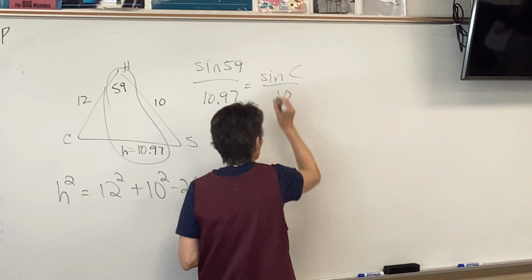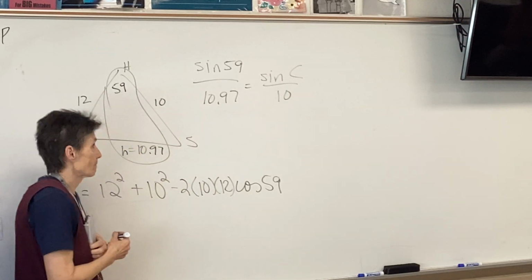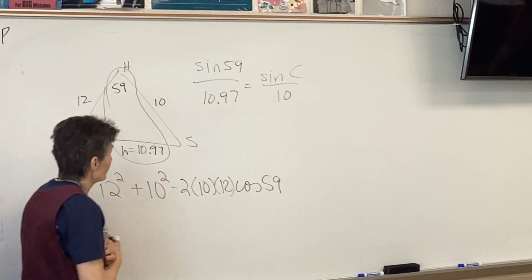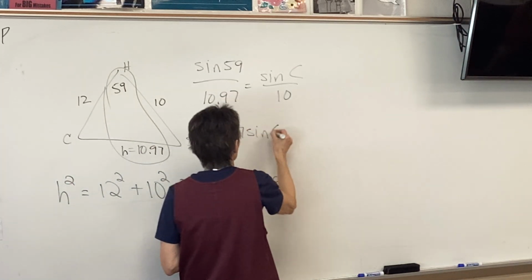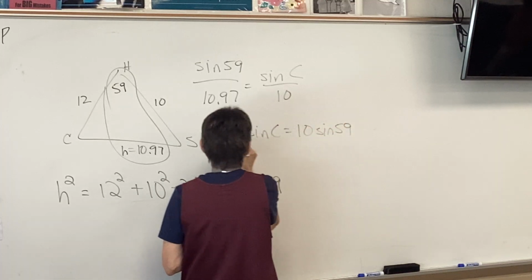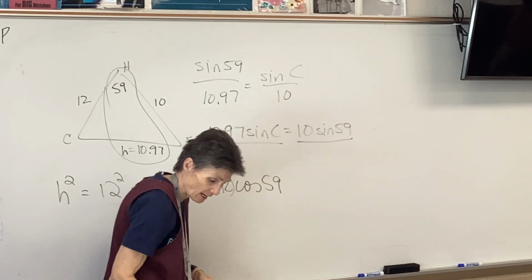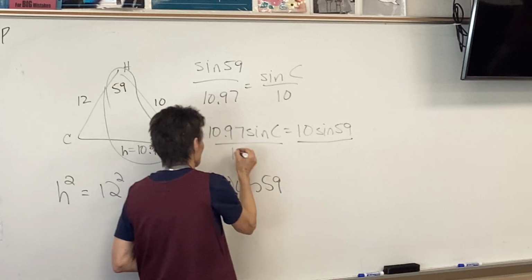Thank you, Jimmy. So we'll cross multiply. And what am I going to divide by? After I cross multiply, I always divide. What am I going to divide by? 10.97.